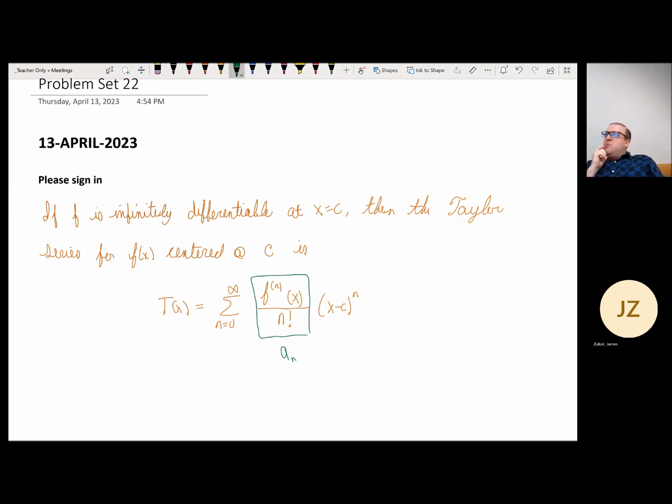It can be shown that if f of x can be represented by a power series centered at c, then that power series is the Taylor series.